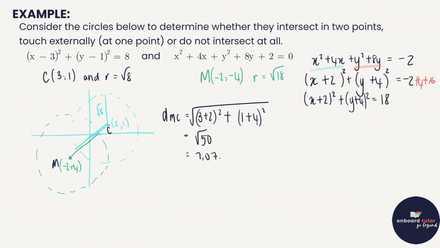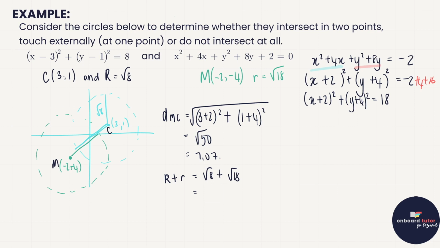Now let's figure out what's happening in terms of the radii. Okay, so the radius of the big circle plus the radius of the small circle, we'll even call this one big R, that'll help us, is going to be root of 8 plus root of 18. I actually think we would have been better off calling the second one the big circle, but that's not super important.